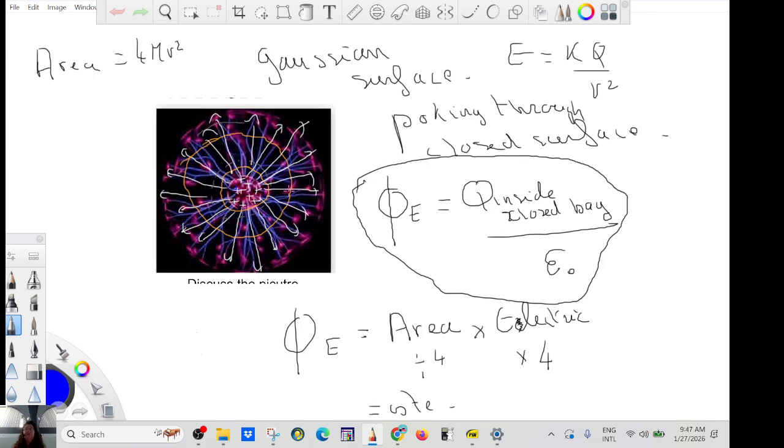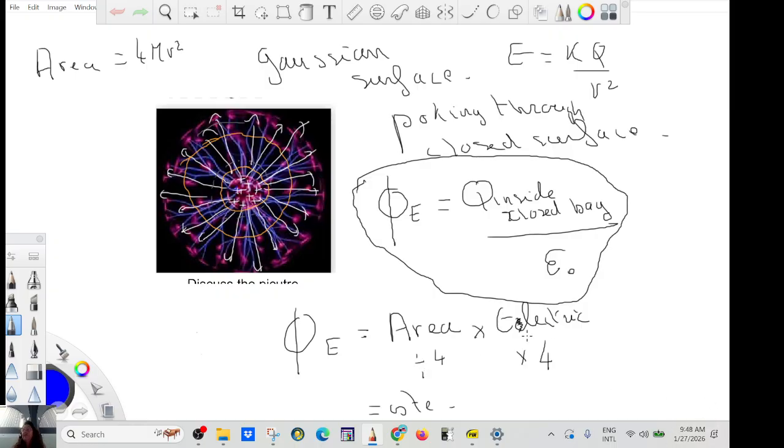So here, if I take this big bag, the flux will be the area of the bag times the magnitude of the electric field at the surface of this bag. And why does the flux only depend on the charge? Because if you divide the distance by 2, so you take a small bag, the radius is divided by 2, the area will be divided by 4 because it's 4 pi r squared.